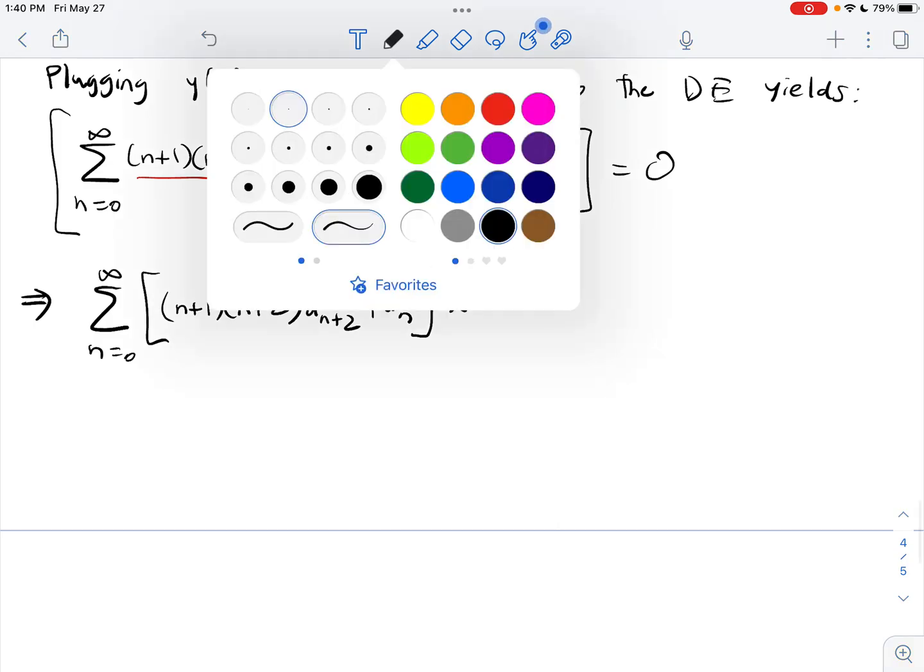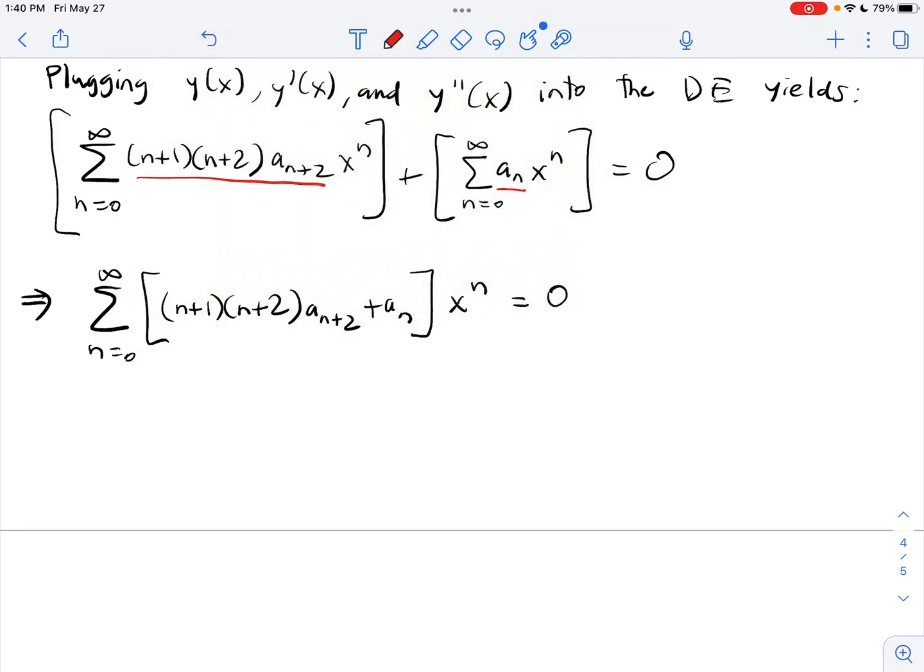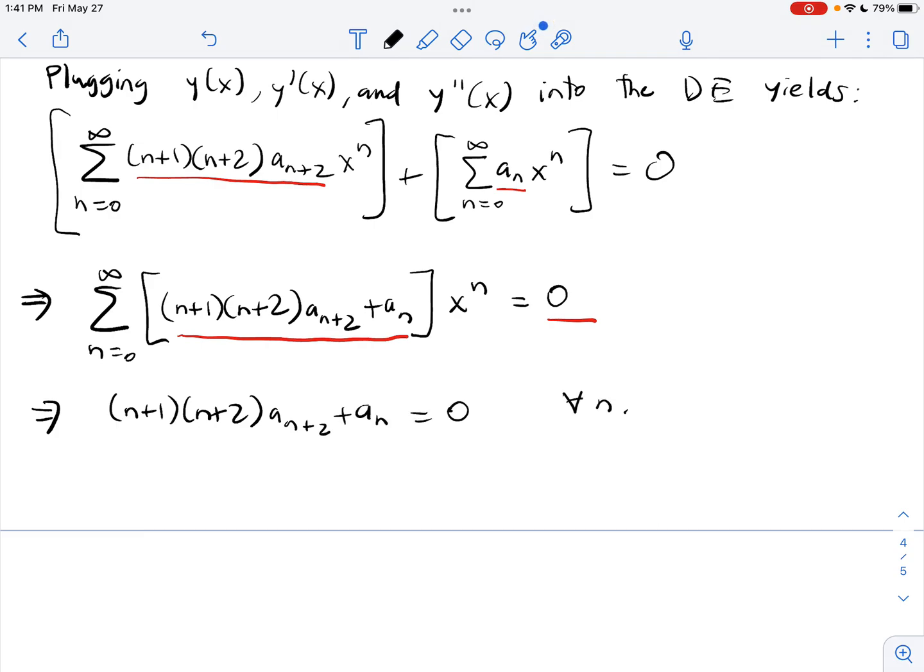Now what? Well, now we use the fact that if the sum of that guy times x to the n is equal to 0, I can just set the underlined part equal to 0, right? Because that has to be true for every n. So this means that n plus 1 times n plus 2, a sub n plus 2 plus a sub n is equal to 0 for all n.